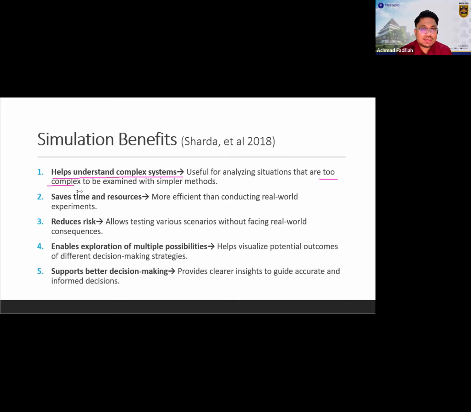Even if we're talking about the production system, you need to calculate the amount of materials that will be used for production, and then all the flow in the supply chain. It's very complex in the business system. And with simulation, it's beneficial to make this simpler.